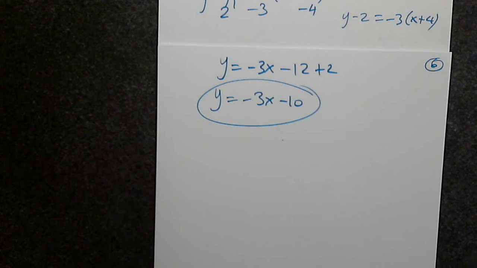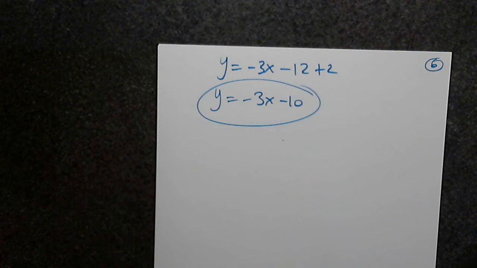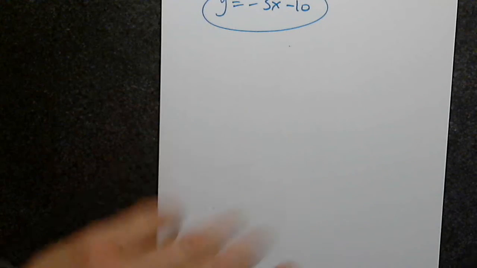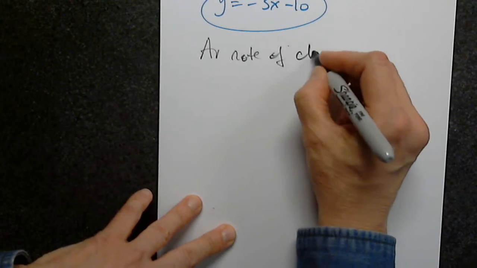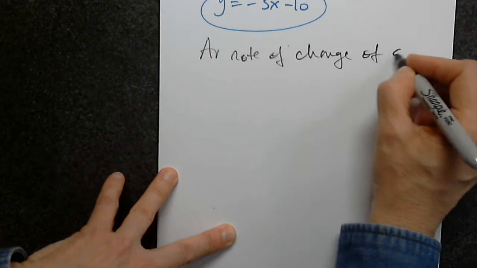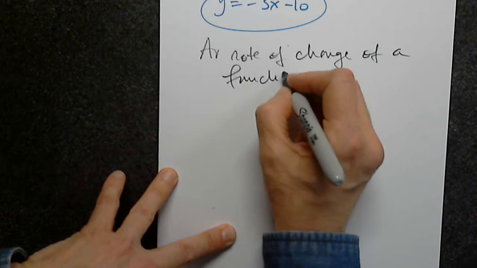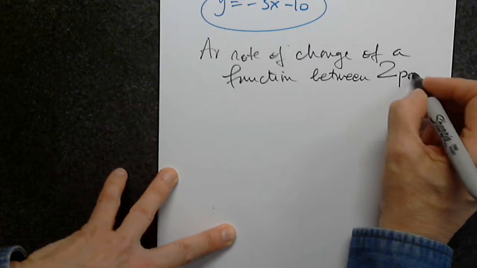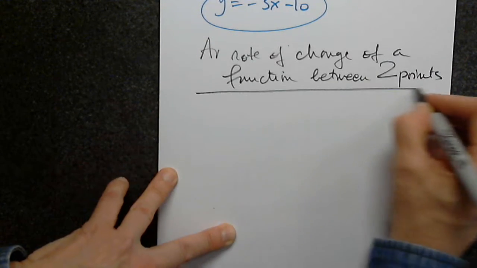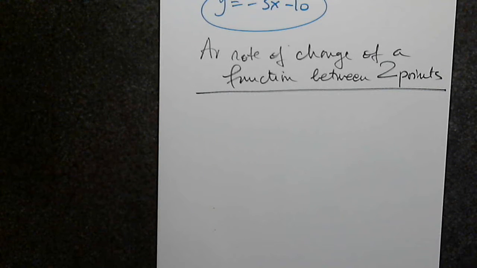Okay, last concept before 2.5 that we need to look at is the average rate of change of a function between 2 points. The average rate of change of a function between 2 points.